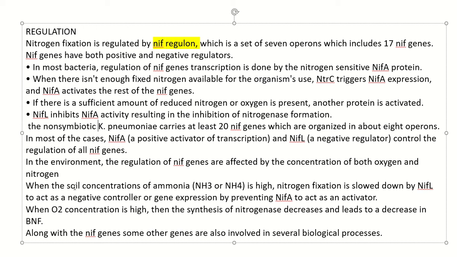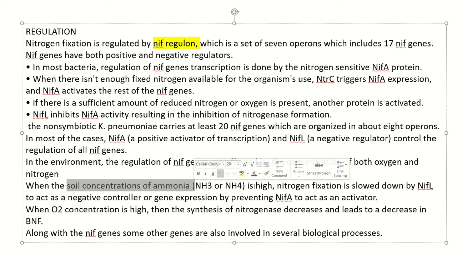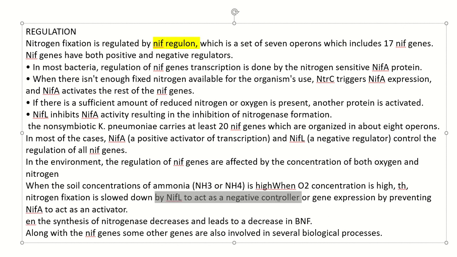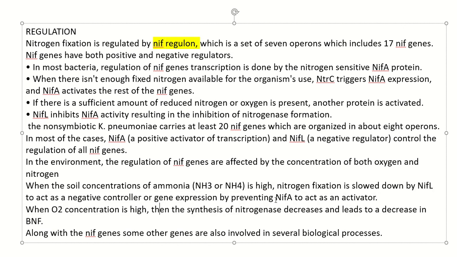When the soil concentration of ammonia is high, NH3 or NH4, now another condition: nitrogen fixation is slowed down by NifL, the negative regulator. So it negatively controls gene expression by preventing NifA from acting as an activator.